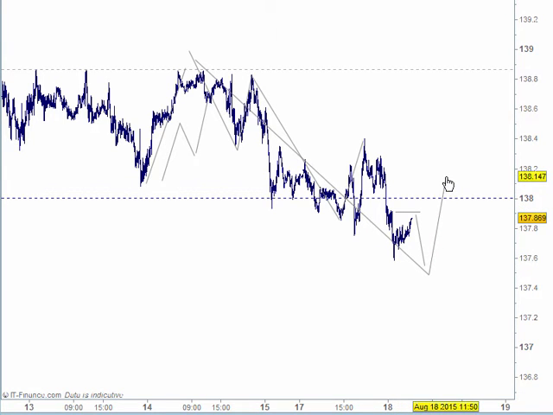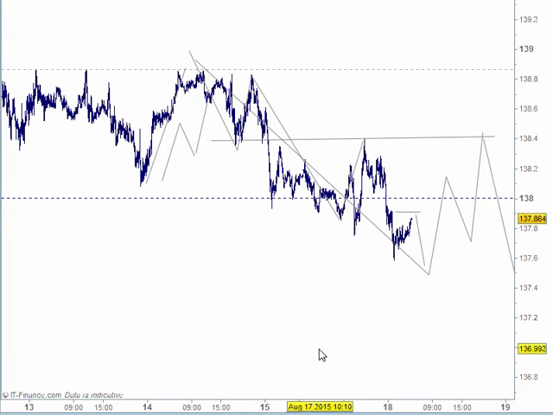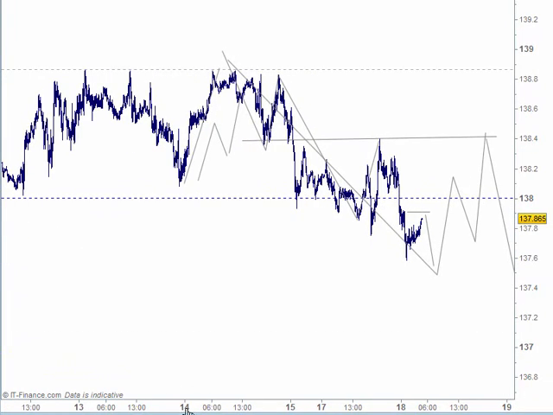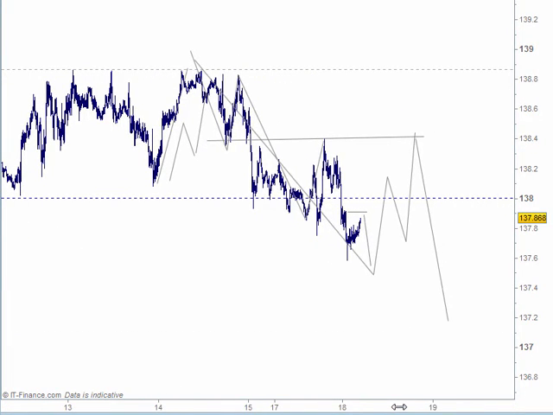So, yeah, an ABC pattern back up into the supply zone here and then down again. So they can go both ways at this stage. You'll just need to navigate through that situation. But once this low here is in play, then you can look to short that.